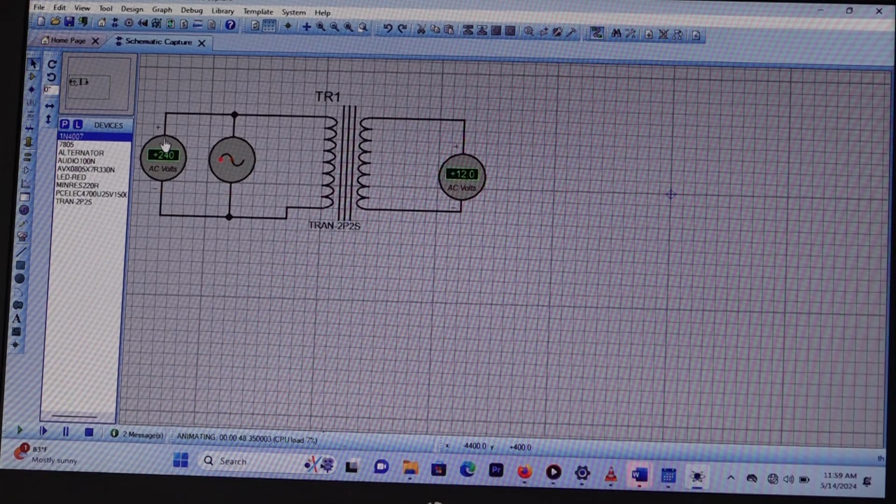For the simulation, here it's point A, and its measurement, root mean square voltage, is 240 volts. Then another testing point, testing point B, is the output root mean square voltage, which for our case here is 12 volts.